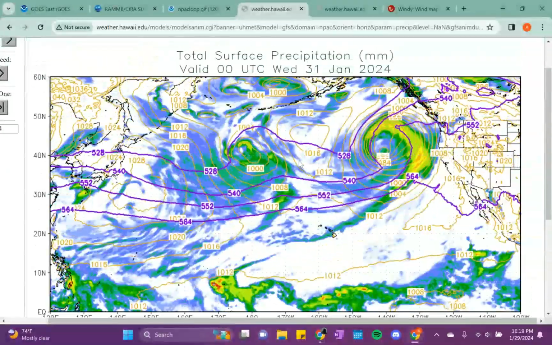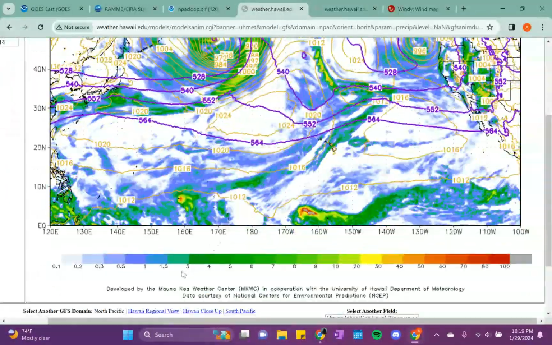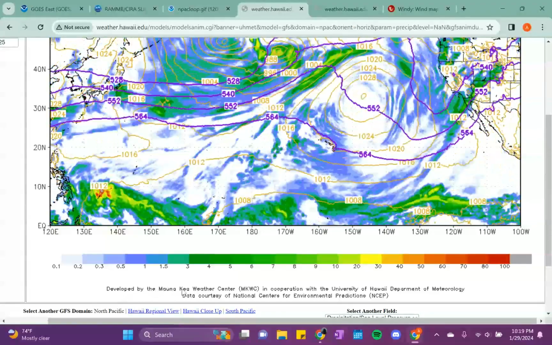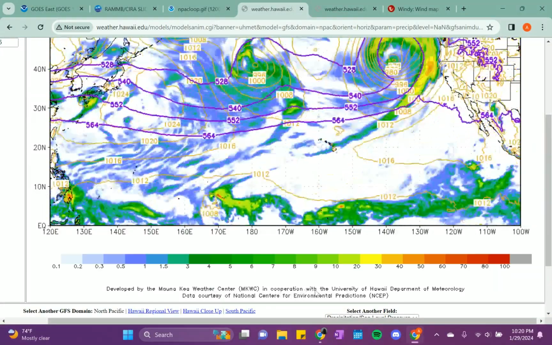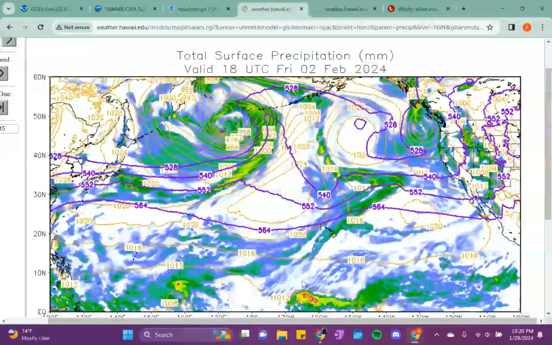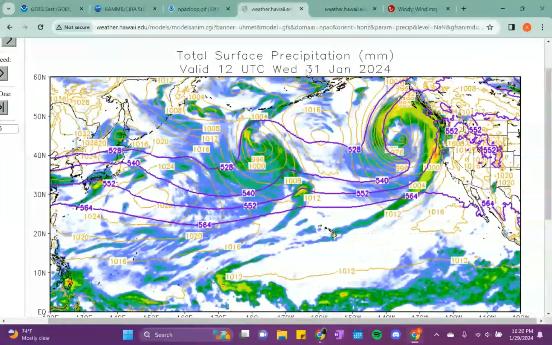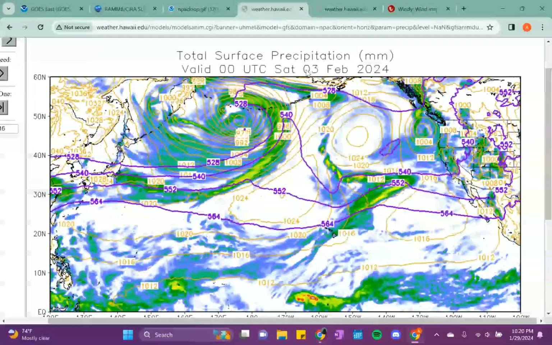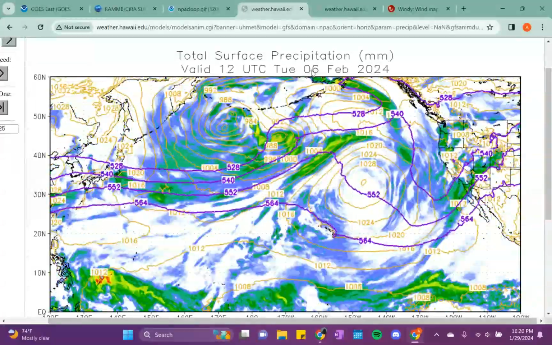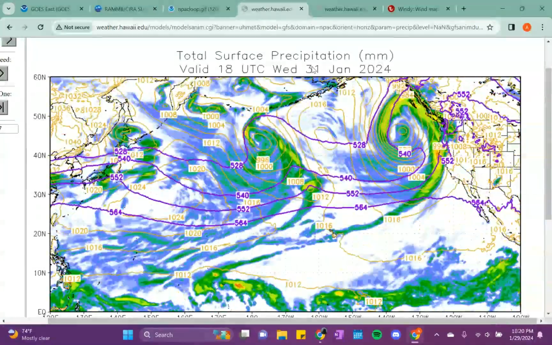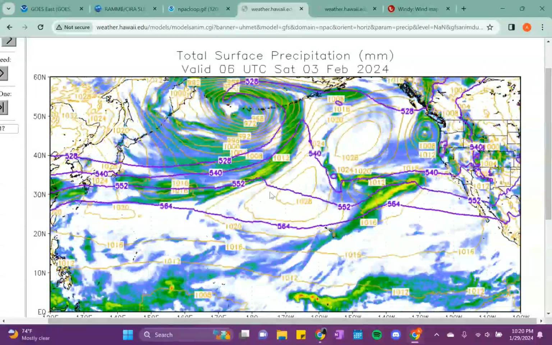So this is model data developed by the Mauna Kea Weather Center in cooperation with UH Manoa. First we're looking at essentially right now, and we get to look at a couple days into the future, specifically 7 days into the future.